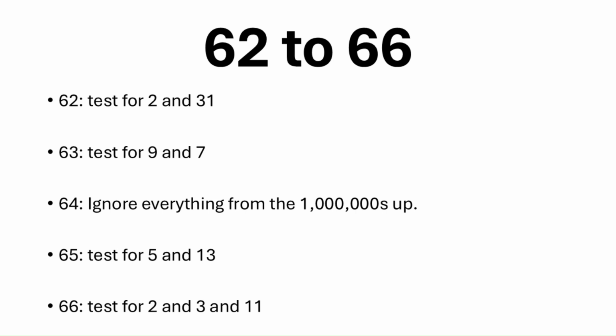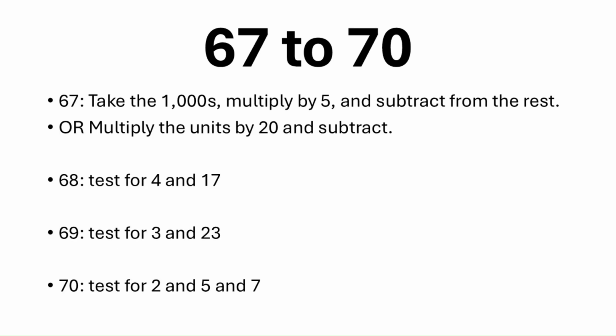Test for 5 and 13. 66. Test for 2 and 3 and 11. 67. Take the 1000s, multiply by 5, and subtract from the rest. Or multiply the units by 20 and subtract. 68. Test for 4 and 17. 69. Test for 3 and 23. 70. Test for 2 and 5 and 7.